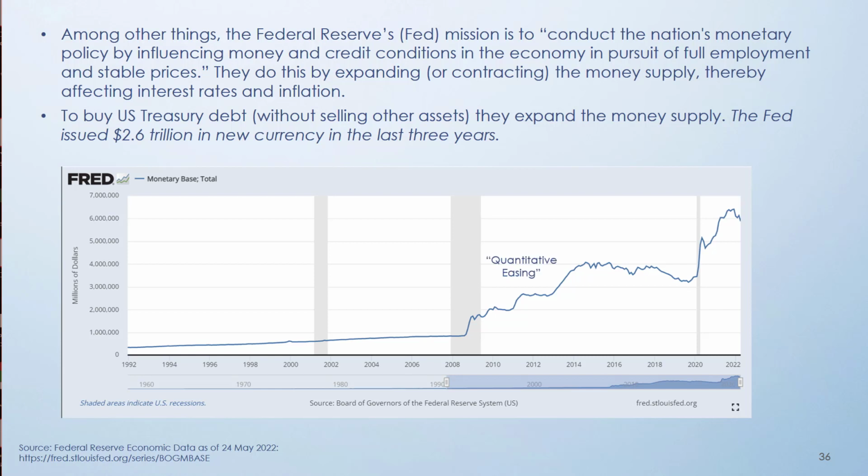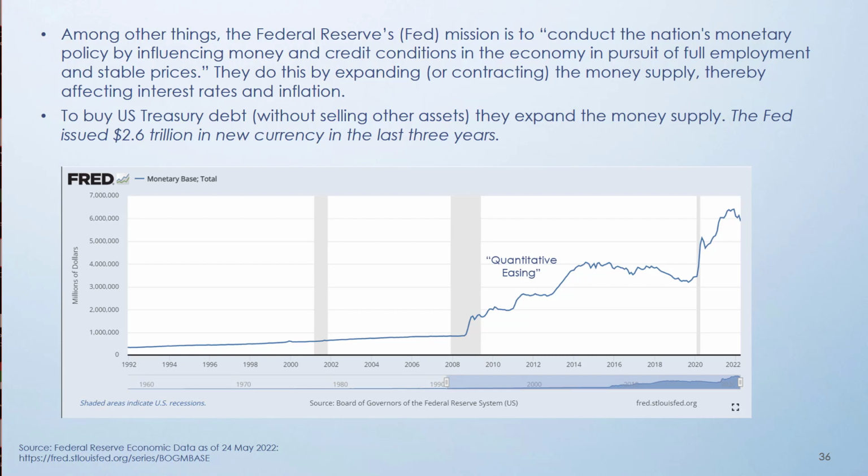Notice that this increase in the monetary base started during the recession of 2008-2009 during the housing crisis. And you may have heard the term quantitative easing in the financial news. Quantitative easing was the Federal Reserve issuing new debt, buying up toxic mortgages, buying federal debt in order to hold interest rates down to help the economy recover.